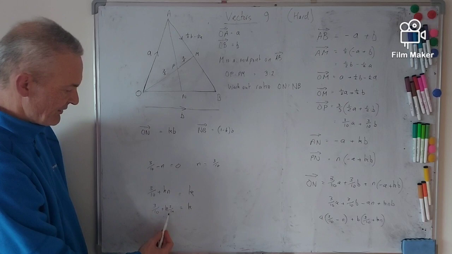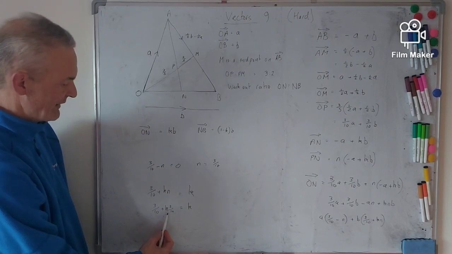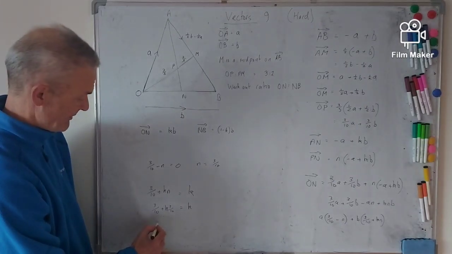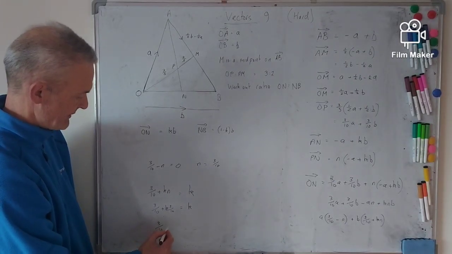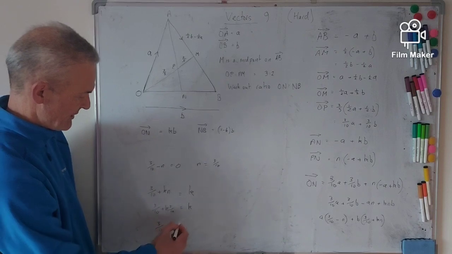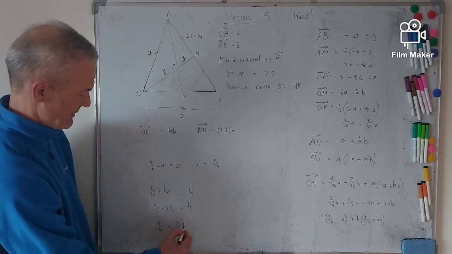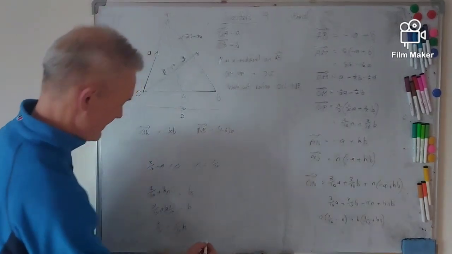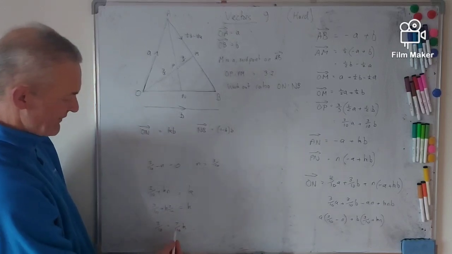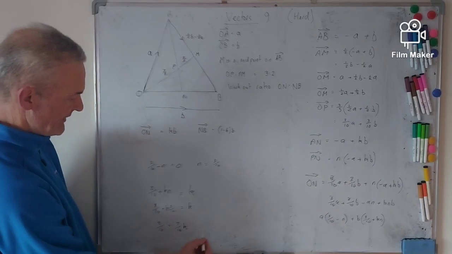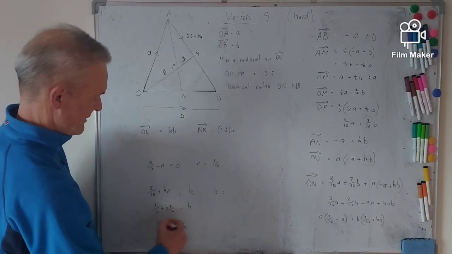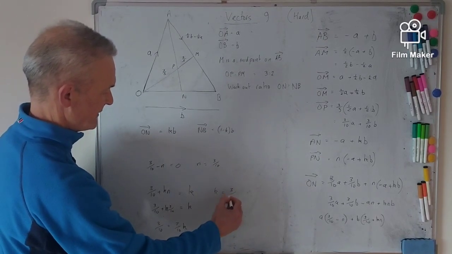So I'm going to subtract this from both sides. So I'm going to get 3/10 here equals 7/10 K. And then if I divide both sides by 7/10, here I'm going to get K equals 3/10.